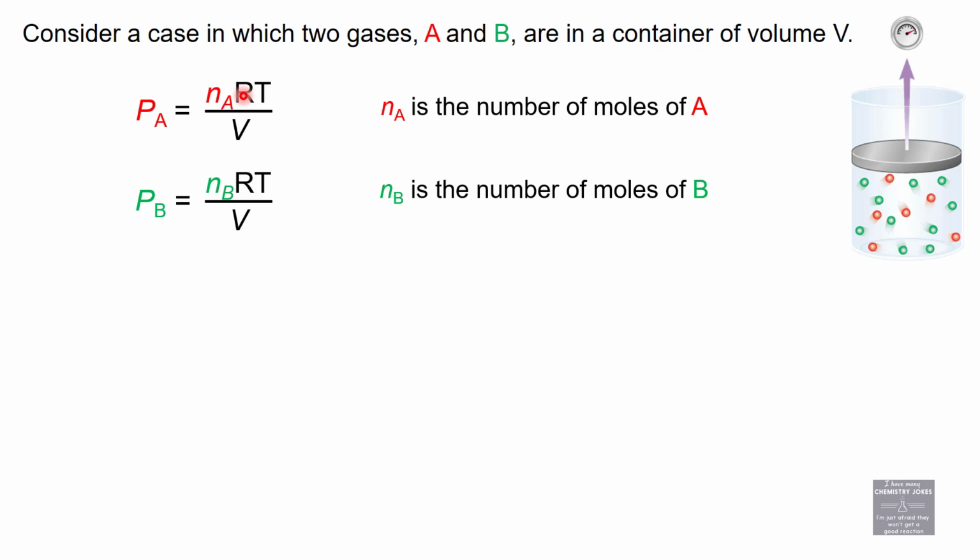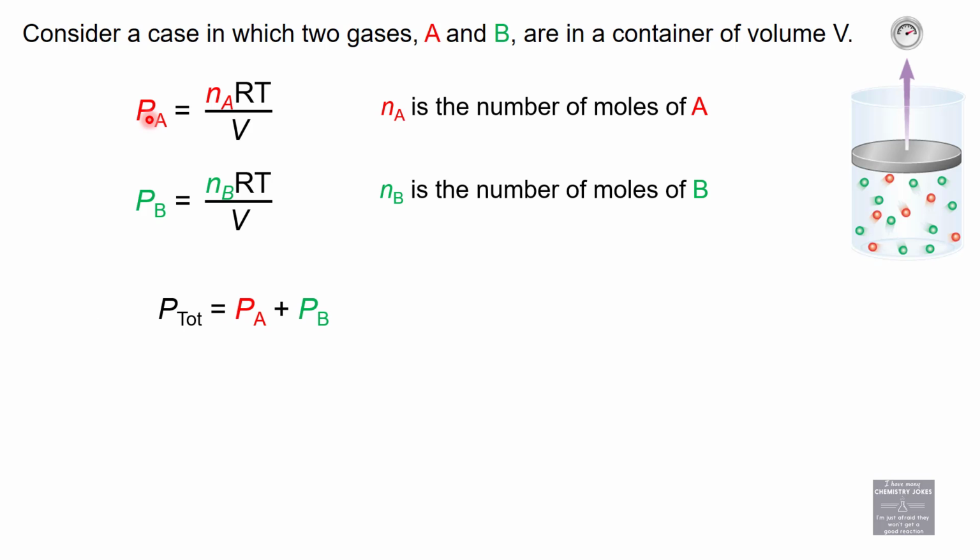R is a constant. It's not going to change. If they're in the same chamber, the temperature and the volume are both going to be the same as well. So all that relates here is the moles of my gas, my moles of A, and my partial pressure of A. The only variable responsible for the pressure being different for the different gases is the number of moles.